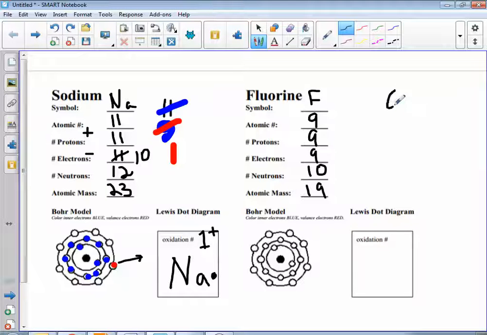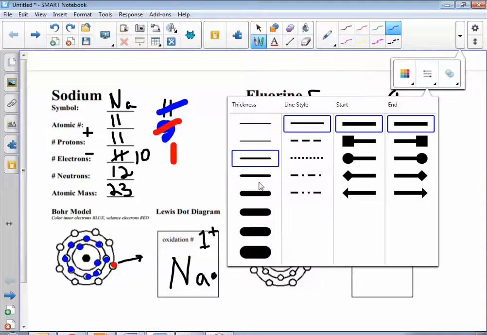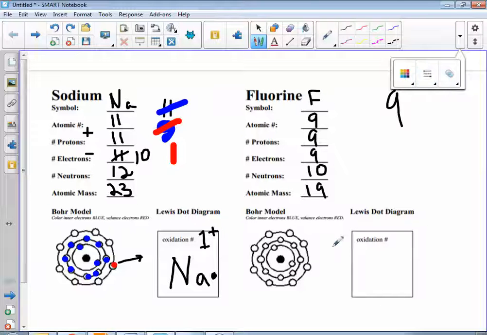We have 9 electrons we have to deal with. So we're going to switch to my blue. I'm going to make my cursor a little bit bigger, and I'm going to go from my 9, drop to 7, because I'm going to place the max number in the first shell, which is, of course, 2, leaving me with 7.